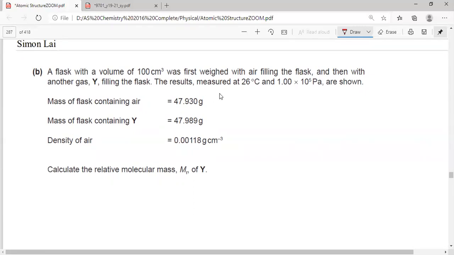Now remember, they both contain the same apparatus. The mass of the container, let's say, is A grams.